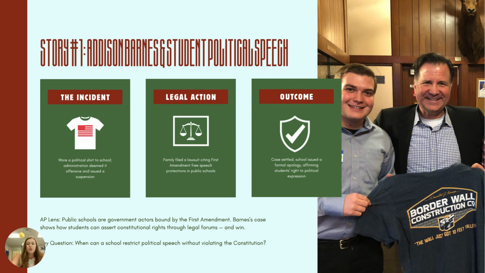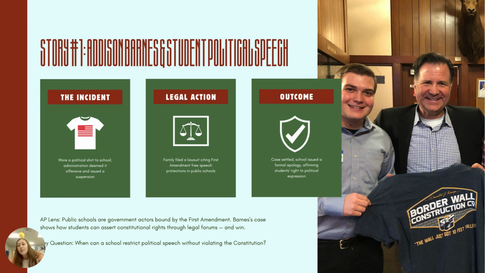And you can see his shirt here, Border Wall Construction Company. The wall just got 10 feet taller. That's the shirt that was involved in the incident. And so ultimately, as a result of the suspension, Addison Barnes' family filed a lawsuit. They took legal action through the courts, arguing that Addison had First Amendment rights in public schools.